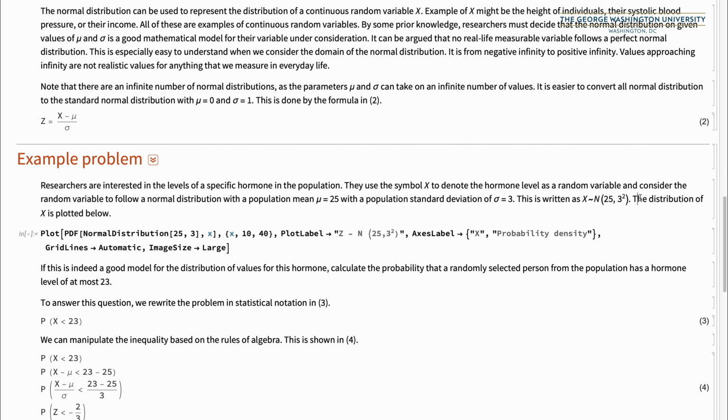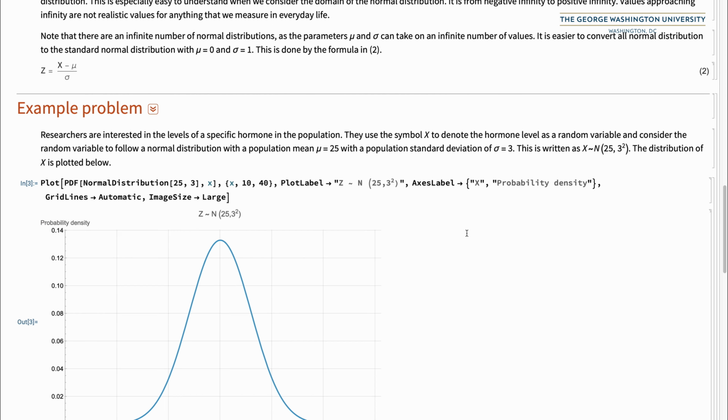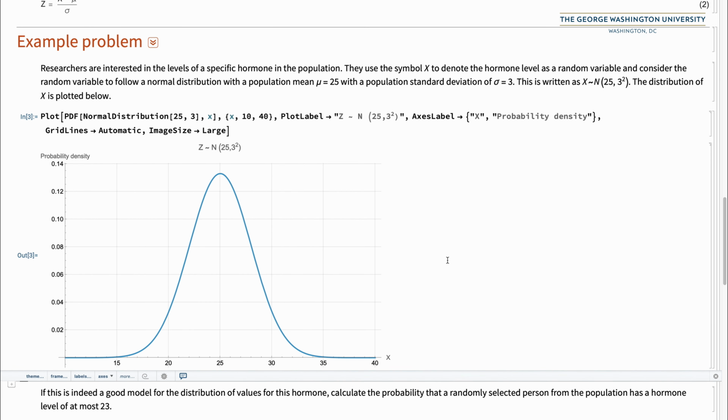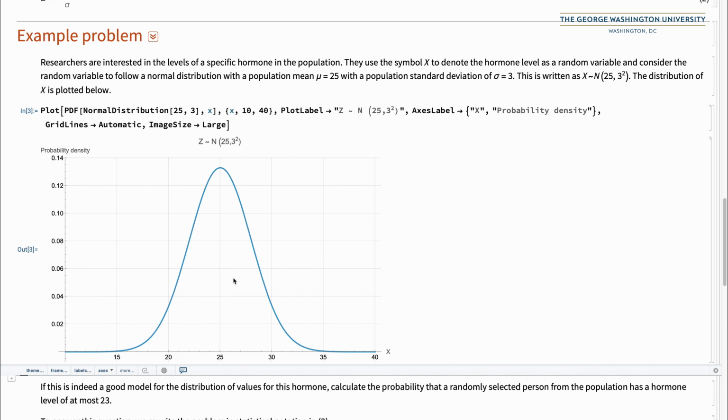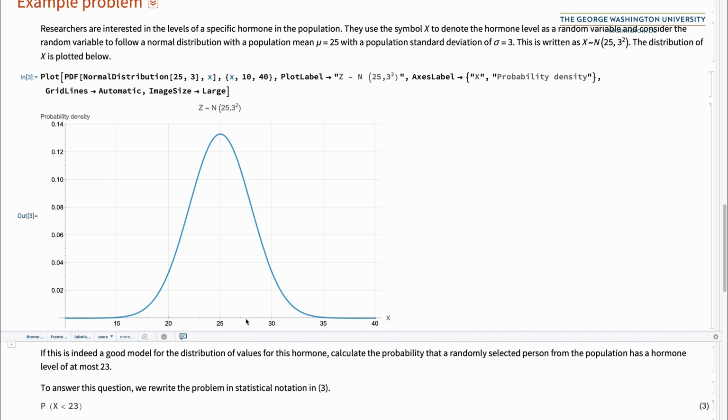That was a chosen thing. They think this is a good model. So let's just assume that they are correct. This is a good model. Let's have a look at their curve. There's their curve. I've got a mean at 25 and I've got a standard deviation of 3. That means values around 25.